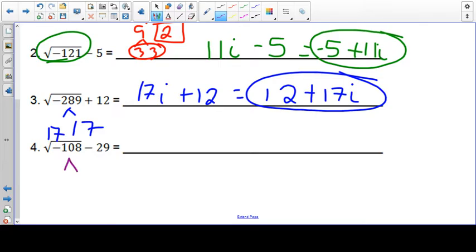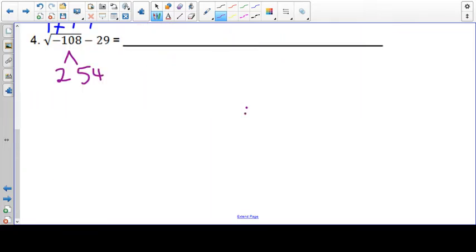Now when I take 108, let's try dividing it by 3 because I know we do 2. So 108 divided by 2 gives me 54. And then 54 gives me 3 and 18. And 18 gives me 2 and 9. And 9 gives me 3 and 3. So let's look for our buddies.